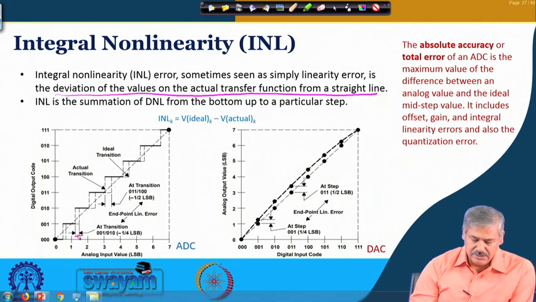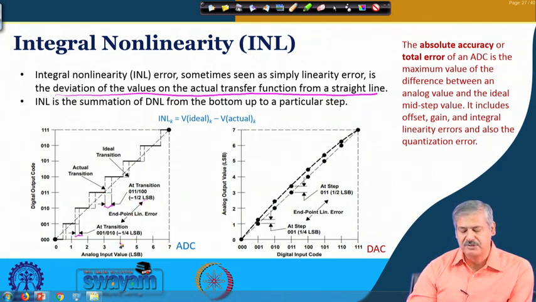These are the different deviations, and you can measure them from the straight line for the actual transfer function. These are the different values, minus half LSB, minus 1/4 LSB or so.